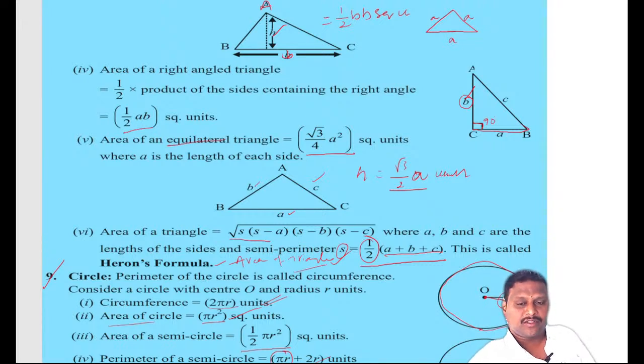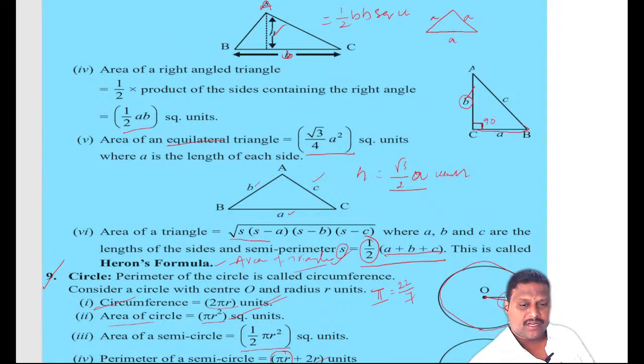This is all about the circle. We have discussed the circumference of the circle. Circumference means none other than the perimeter, the outer length of the circle. Outer length of the circle is 2 pi r units. Here the value of pi is 22 by 7.